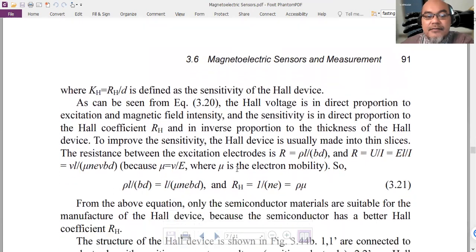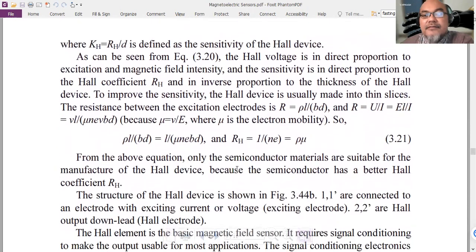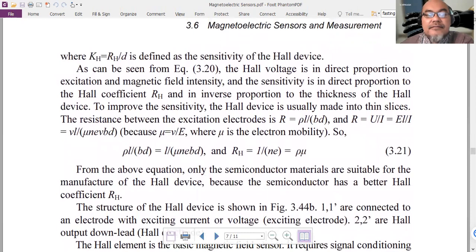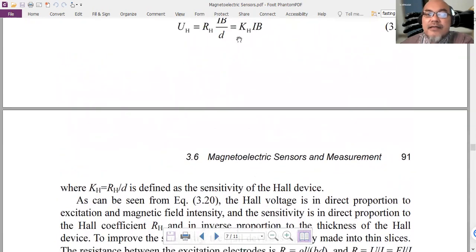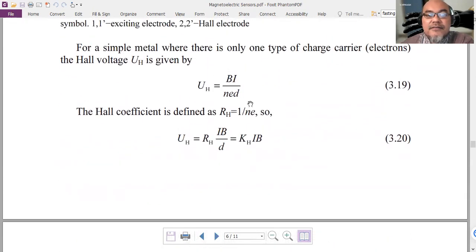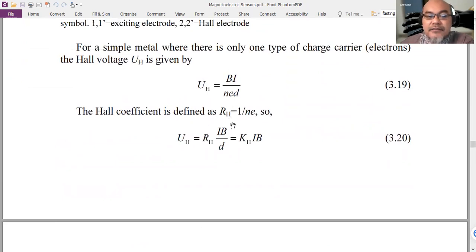N is the number of electrons, and E is the charge of an electron. The Hall coefficient is defined as RH equals 1 over NE, so 1 over NE is replaced by the symbol RH.